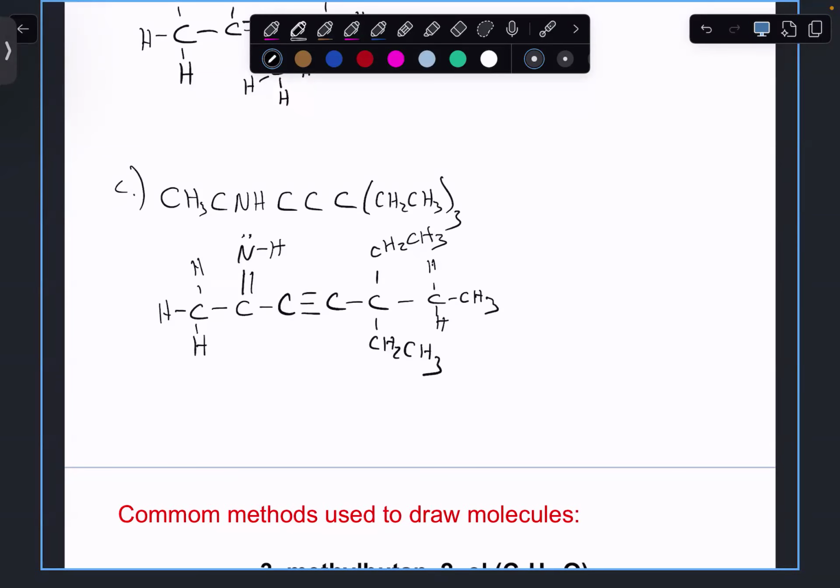And the reason being, so let's think about that compound, 3-methylbutan-2-ol. Molecular formula C5H12O. That tells me almost nothing about that compound. If I just saw C5H12O, you can put that together in a lot of different ways. Make it an alcohol.